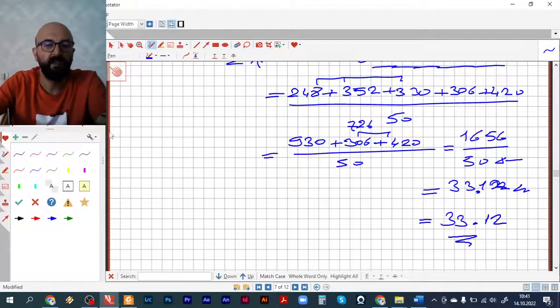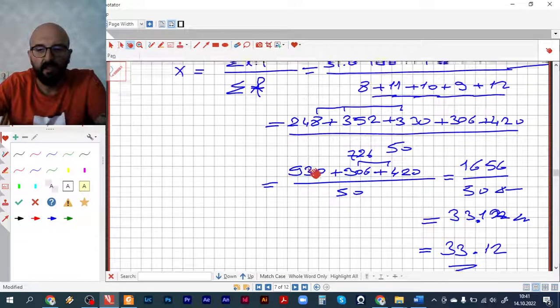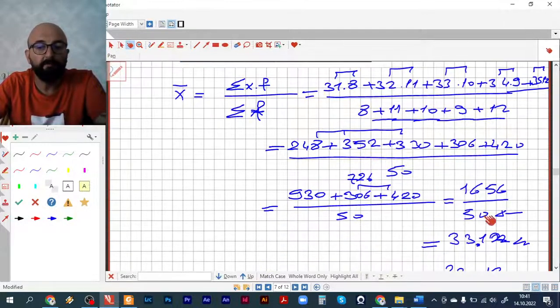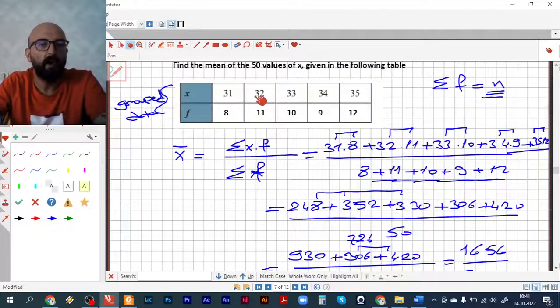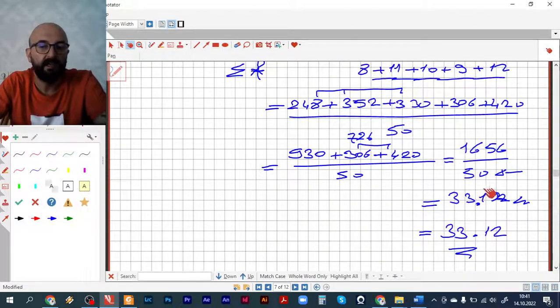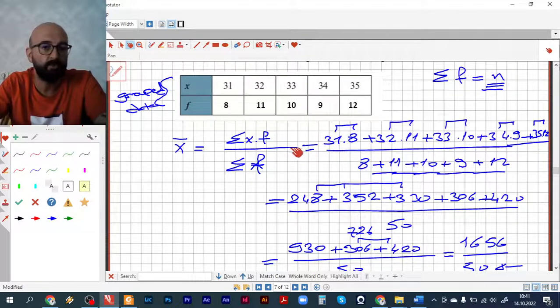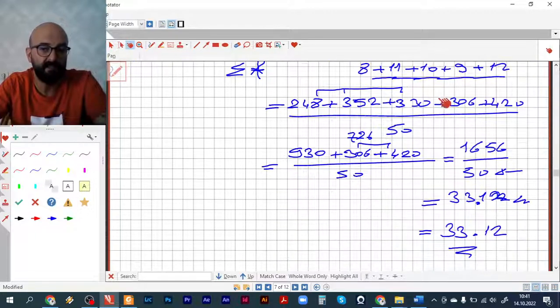Because our mean shouldn't be greater than our values, when I saw the mean 331.2, I decided we had a problem because our values are less than the mean. It isn't like this.